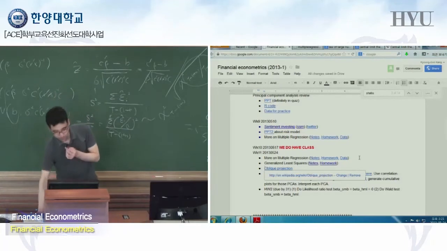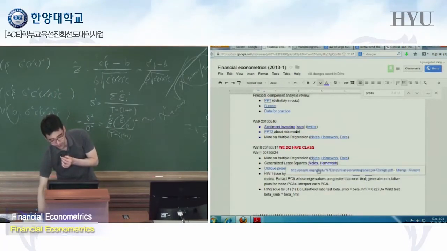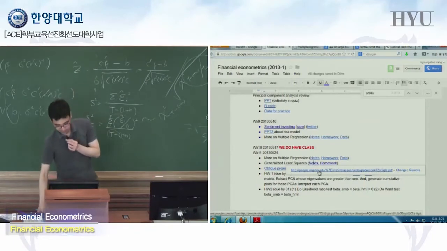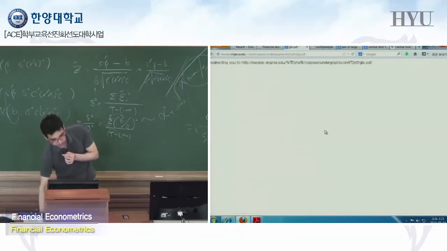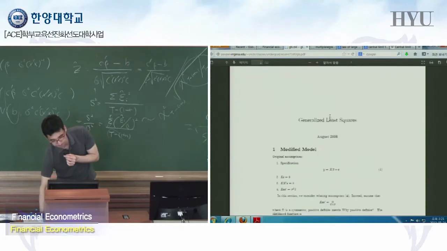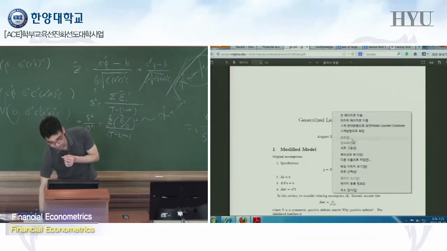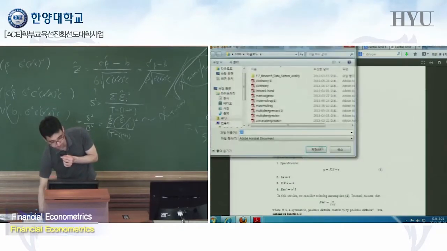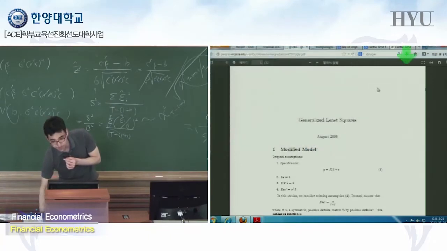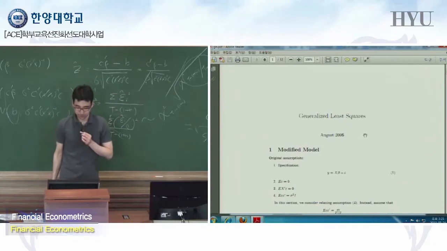Until now we focused on the ordinary least squares method, and now we want to generalize that one. Generalized least squares.